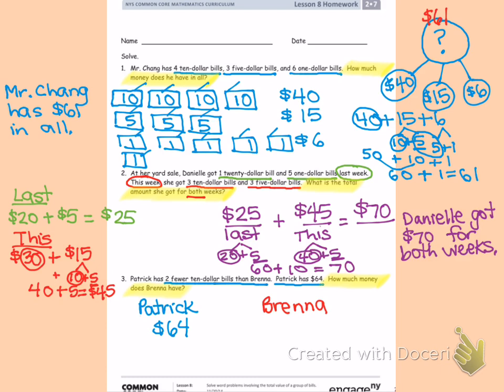So we have to take the $64 that Patrick has and give her 2 more $10 bills because Patrick has 2 fewer $10 bills. That means Brenna has 2 more $10 bills. So we'll give her a 10 and another 10.